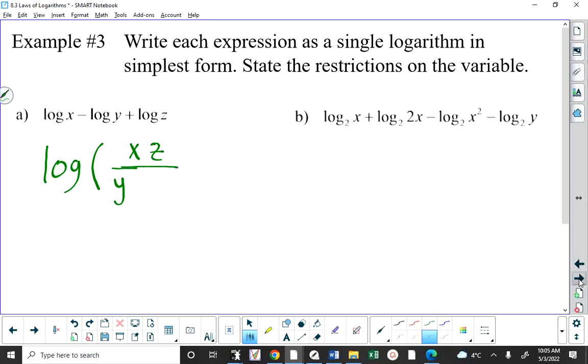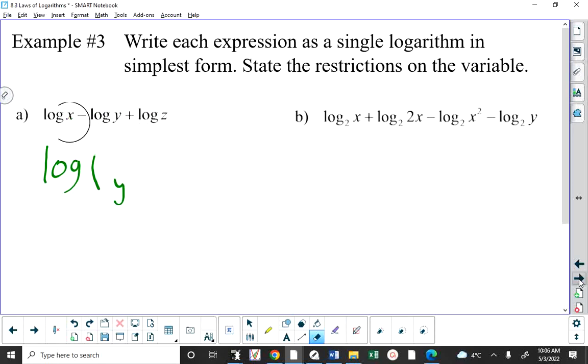This is what it is. The z goes on the top because it's part of a positive logarithm. I mean, if I had this, then both the y and the z would go in the denominator. But I don't. So be very careful about that.